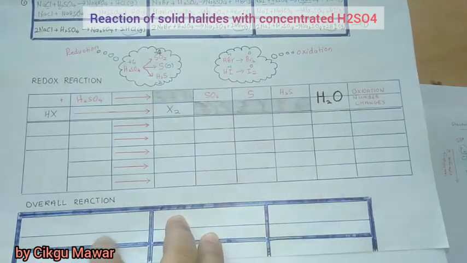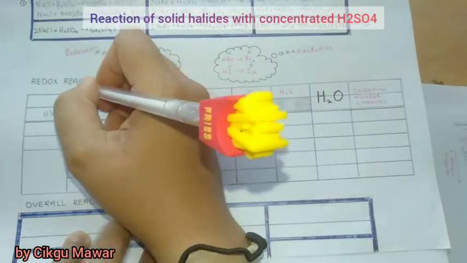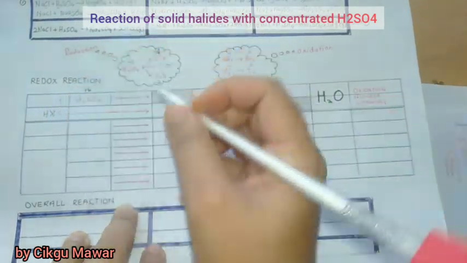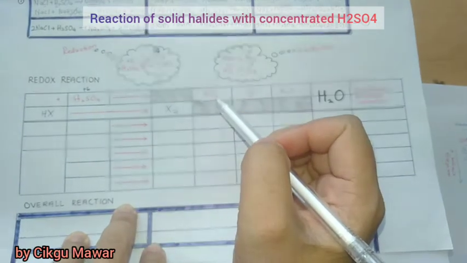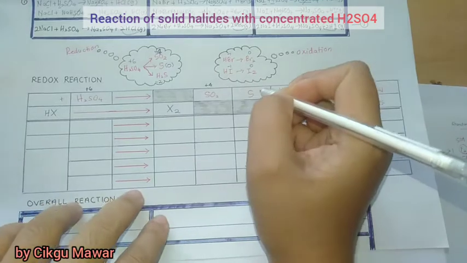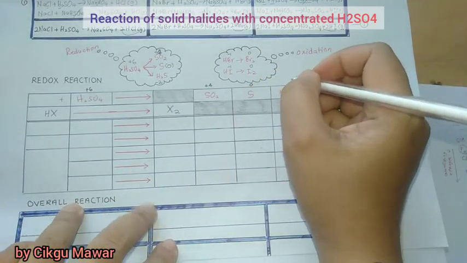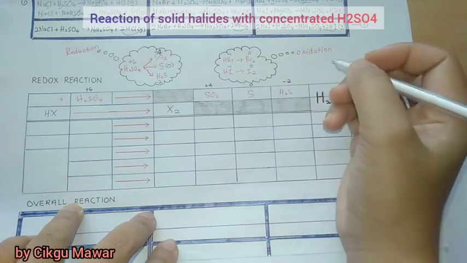The oxidation number is +6 for sulfuric acid, and then it reduces to sulfur dioxide, which is +4, sulfur 0, and hydrogen sulfide is -2.